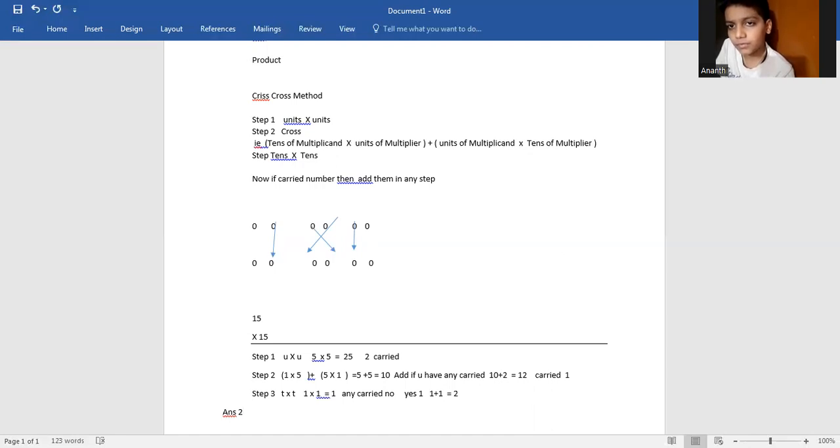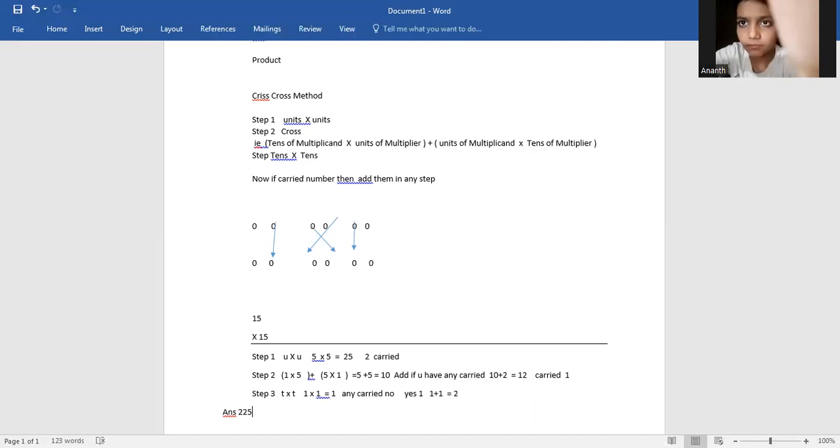You write only units. So 2. Right. Step 1, what is the answer? 5. Yeah, step 1, 25 is answer, but we need 5 because we already carried 2 to the next step. That is why the step 2 number increased. So this is your final answer. Right? This is how you have to write, Anand, see on the screen. This is how you have to write each sum.